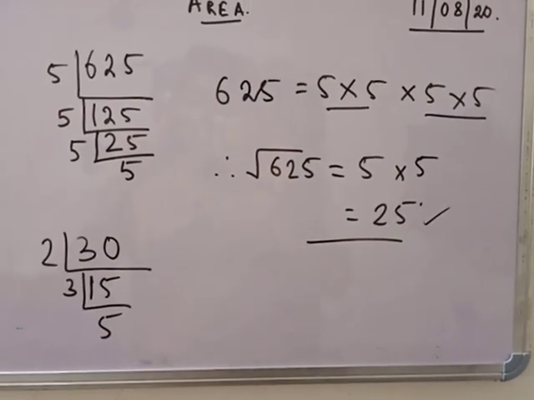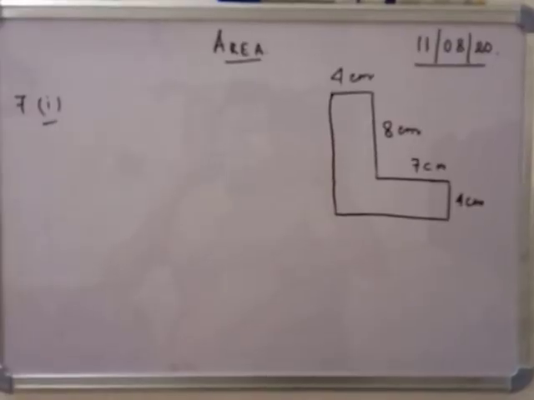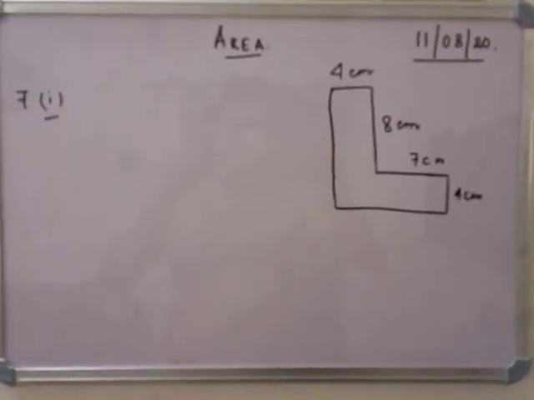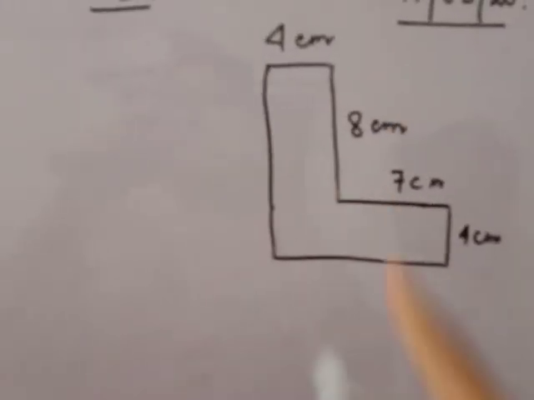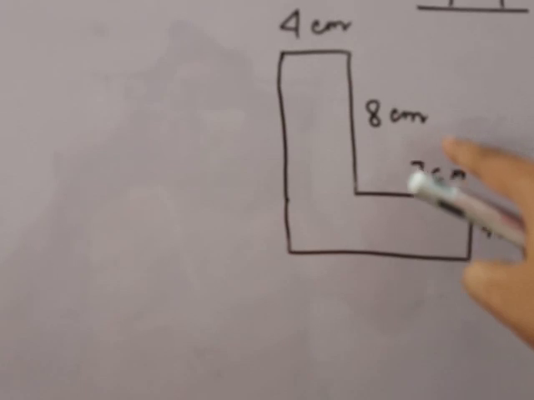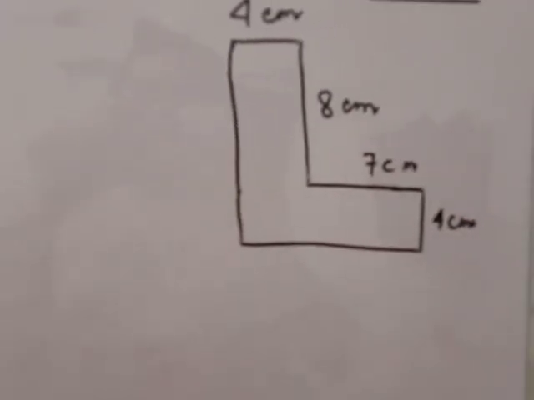Now we are going to the next part of the area. In number 1, 7.1, see that one figure is given, it's like an L. Here this is 4 centimeter, this is 8 centimeter, this is 7 centimeter, and this is 4 centimeter.